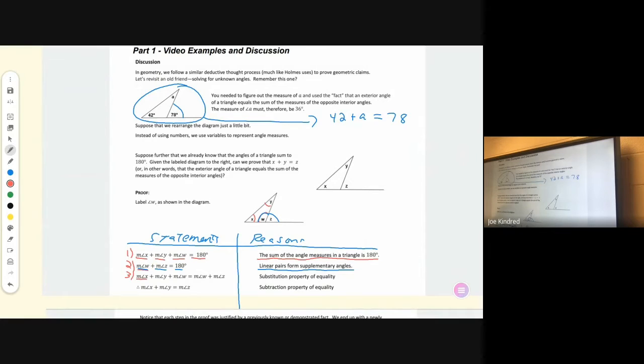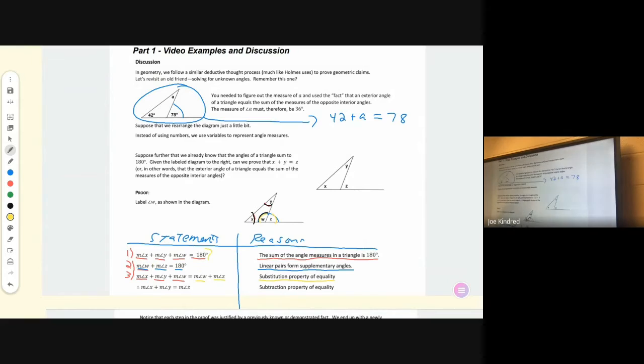X, Y, and W are equal to W and Z. And the reason is the substitution property.